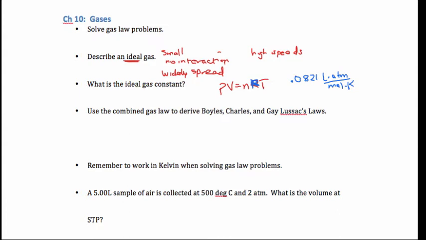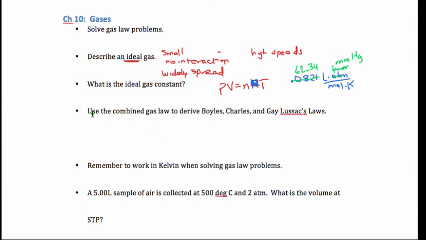If that's the case, atmospheres goes away and you'll have torrs, and this number changes by the factor of 760 because there's 760 torr in one atmosphere. So if you multiply 0.0821 times 760, you'll get the other value for R that's common, which is 62.34 liter torr over mole Kelvin. And then remember that torrs are the same thing as millimeters of mercury. They're synonymous.